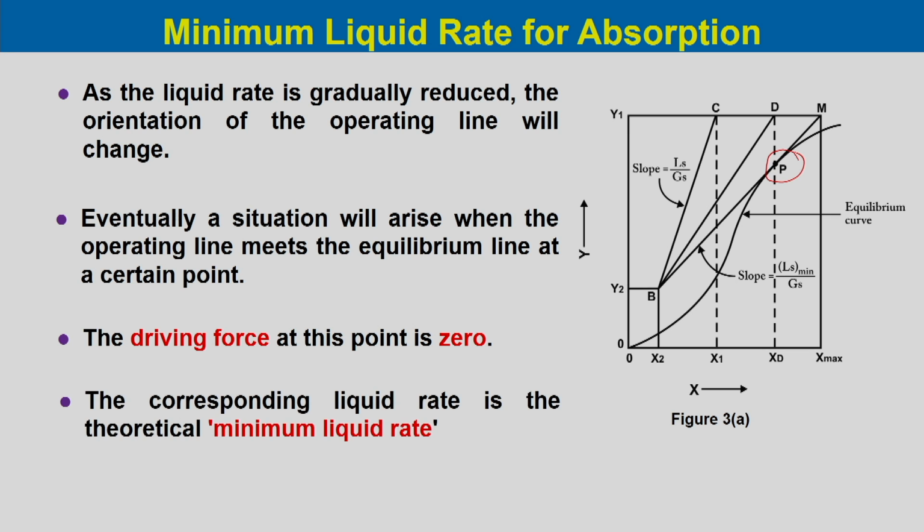So, the corresponding liquid rate is called the theoretical liquid rate. Once this liquid rate is achieved and the line touches the equilibrium curve at the tangent point P, this liquid rate is called the minimum liquid rate.